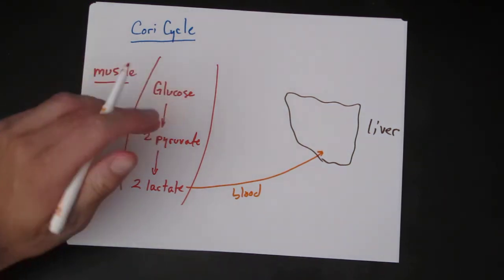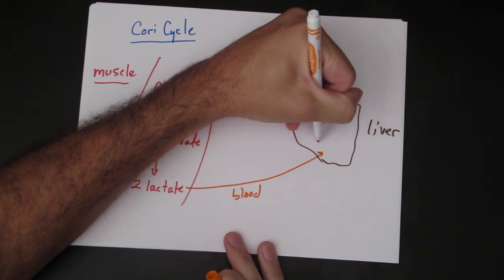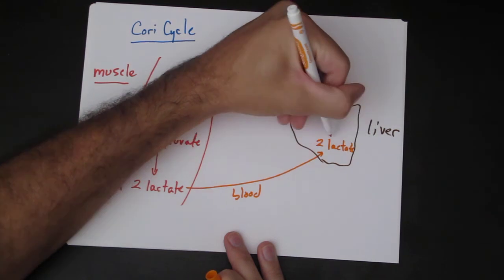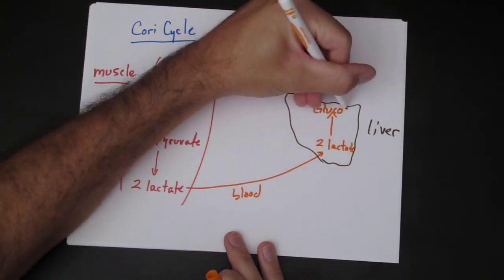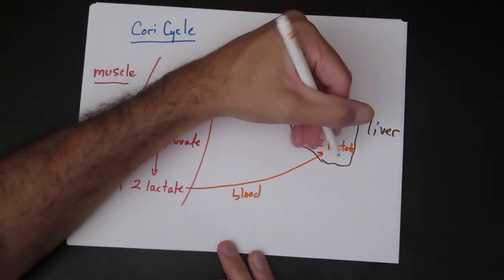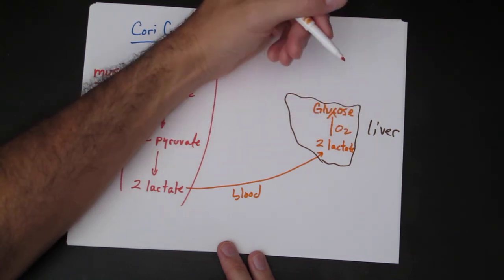In the liver, what we're going to see is the 2-lactate being converted ultimately back into glucose. This happens in the presence of oxygen, so oxygen is required for this to occur.